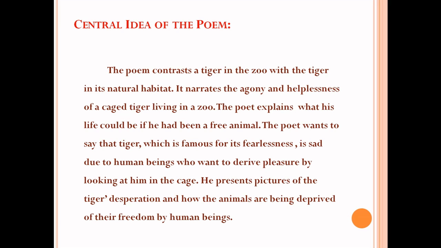The poet explains what his life could be if he had been a free animal. जो poet है वो एक्सप्लेन करता है कि उसकी लाइफ कैसी हो सकती थी अगर वो एक फ्री एनिमल होता लिविंग इन द जंगल. The poet wants to say that tiger, which is famous for its fearlessness, is sad due to human beings who want to derive pleasure by looking at him in the cage.